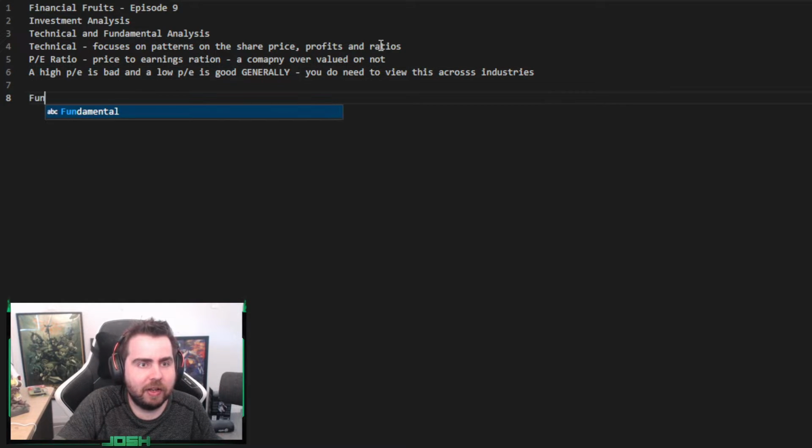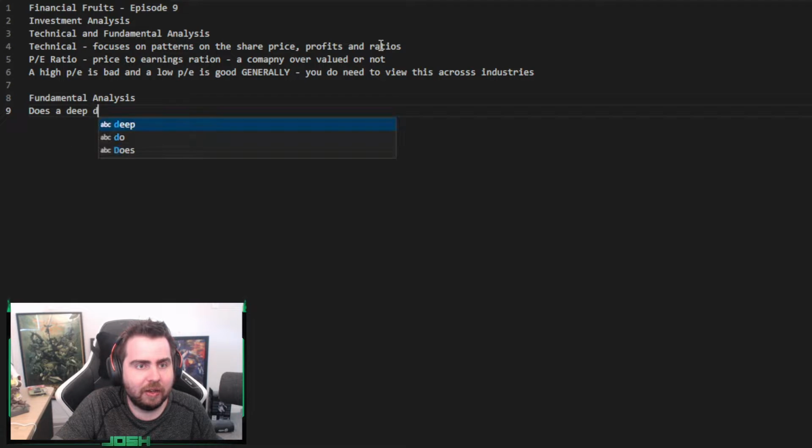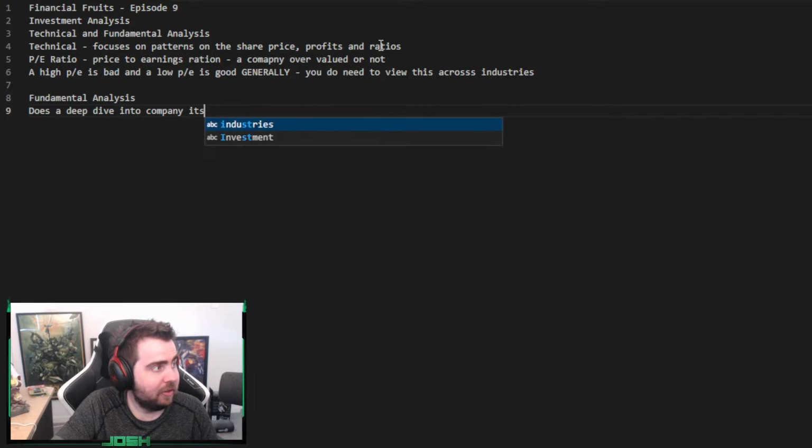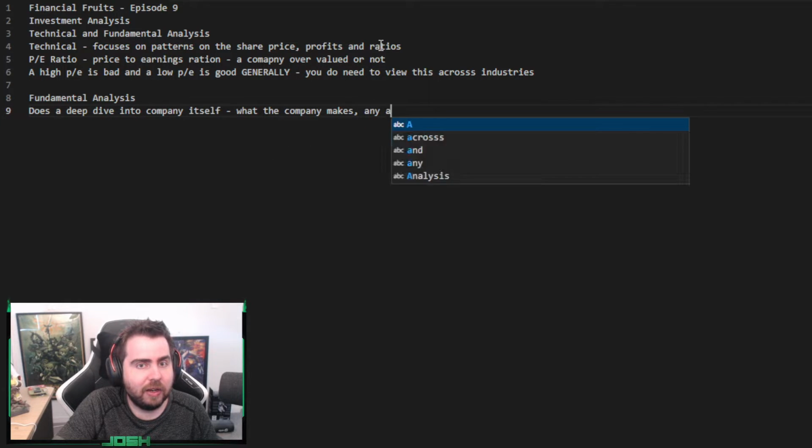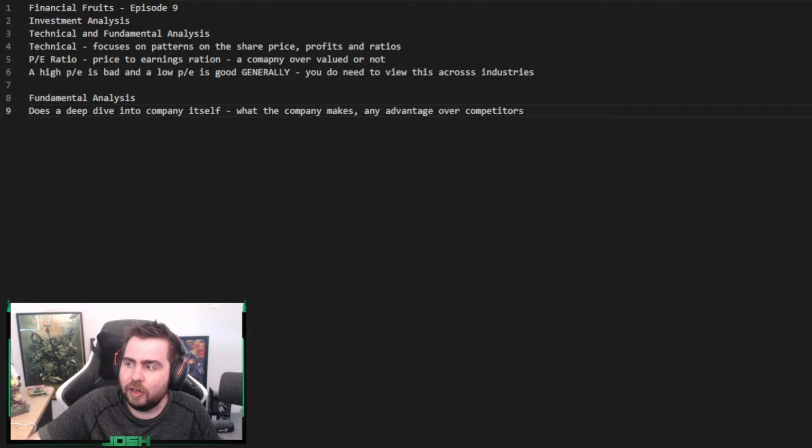Now with the fundamental analysis, fundamental is a bit different. Fundamental does a deep dive into the company itself. Okay, so you need to know what the company makes, any advantage over competitors. You can tell already that it's a very, very broad approach.